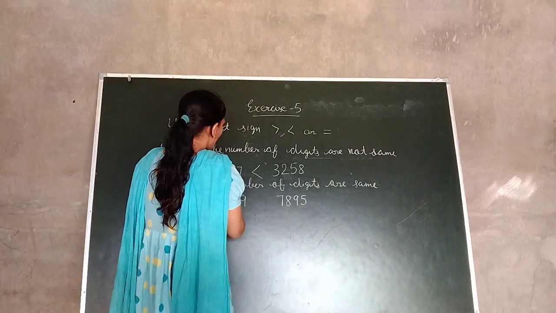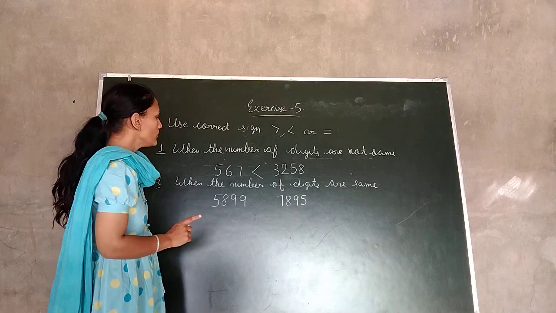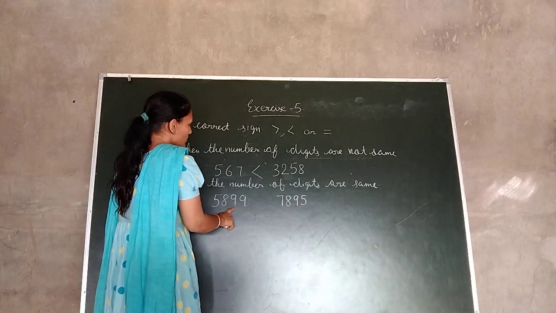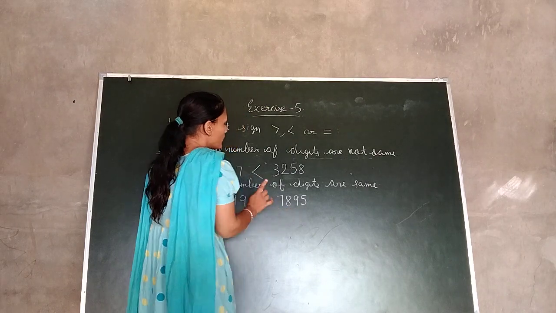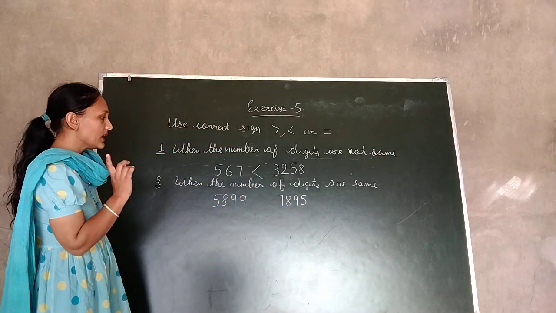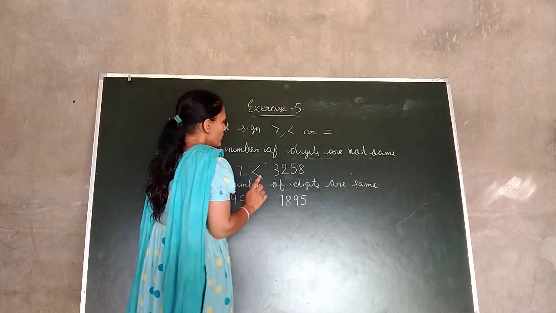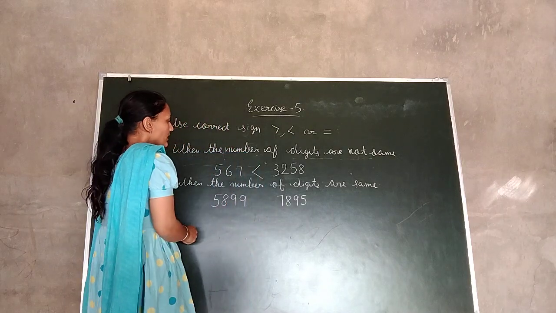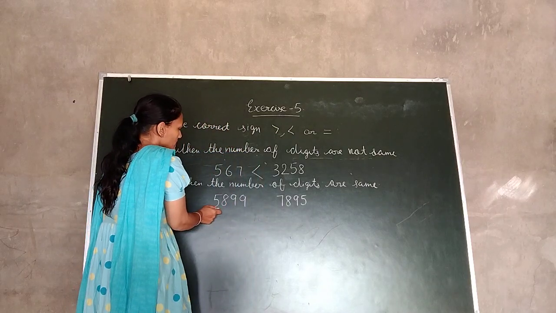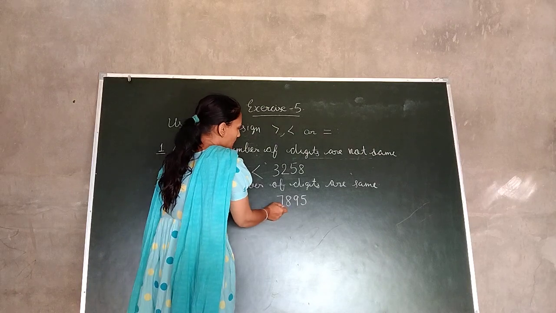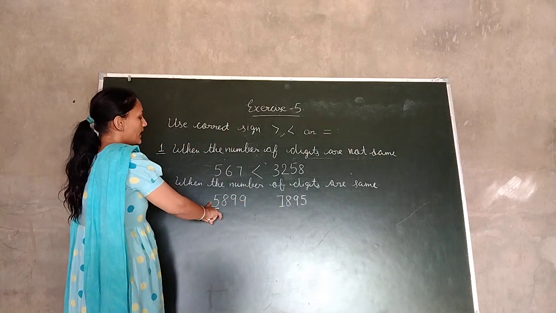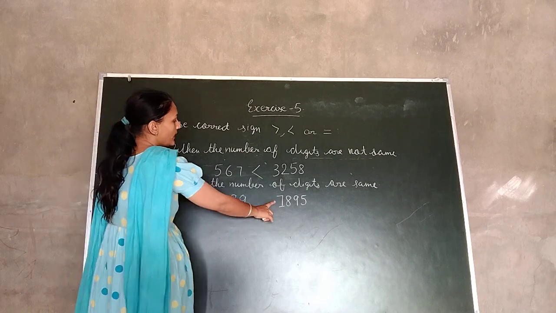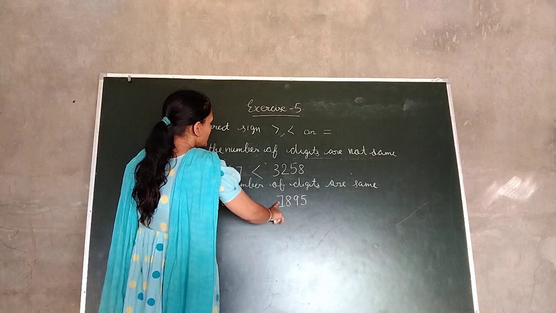So first of all, we will count the number of digits. Here we have 1, 2, 3, 4 digits. Here we have 1, 2, 3, 4 digits. So digits are same. After that, we will start comparing the digit at thousand place. Here we have a digit 5 and here we have a digit 7.